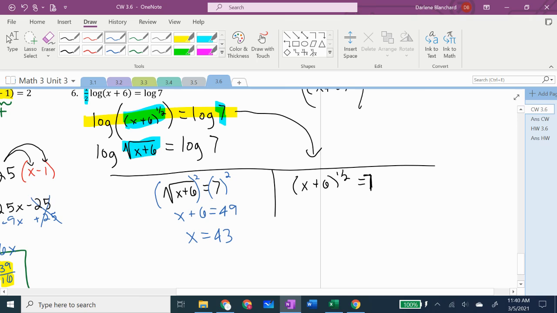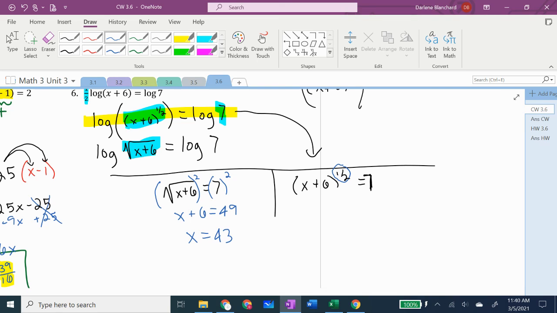If you have it this way, you might see that you need to square both sides, but it might be a little bit harder from that point of view to realize that's what you need to do. So I recommend that you change a 1/2 exponent to a square root, and you're more likely to see that that's what you need to do.